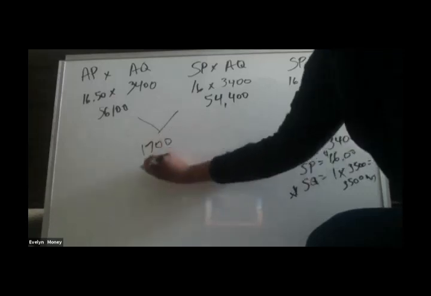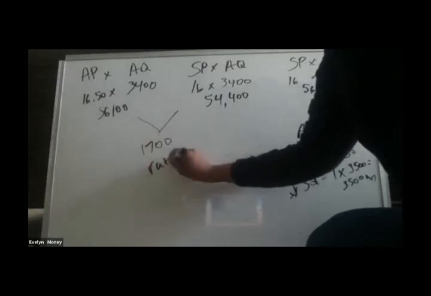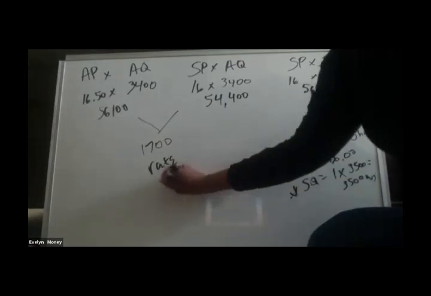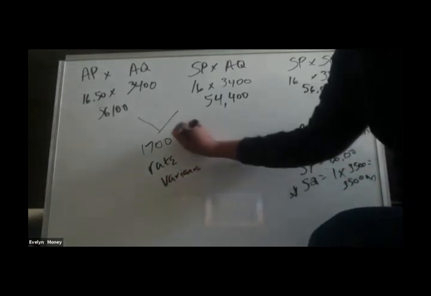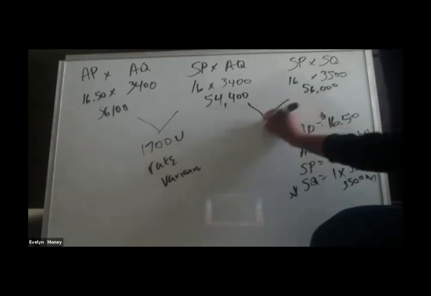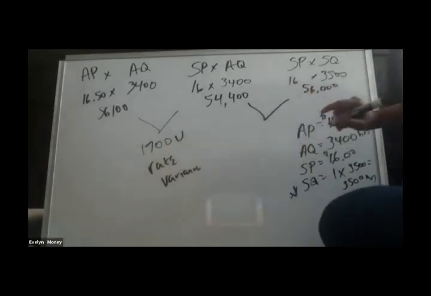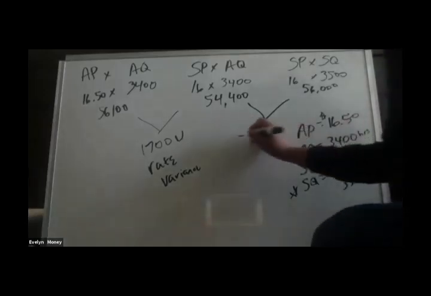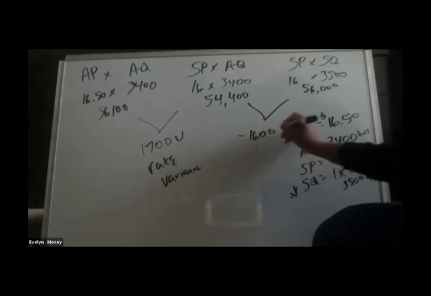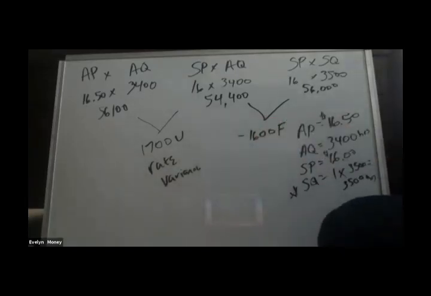And this is called my rate variance. And it's unfavorable. Now, when I subtract these two, I get a negative number, and it is negative 1,600. So that means it's favorable.